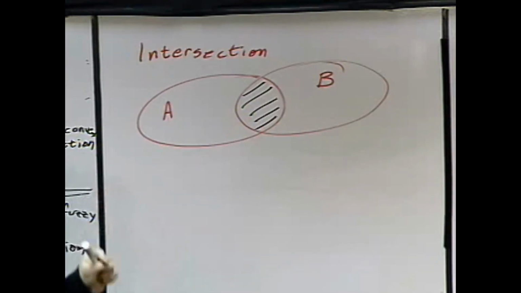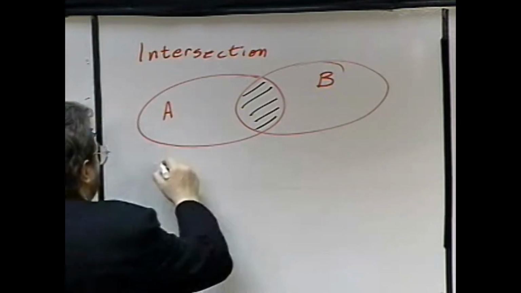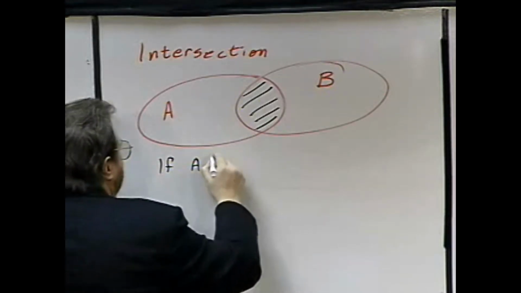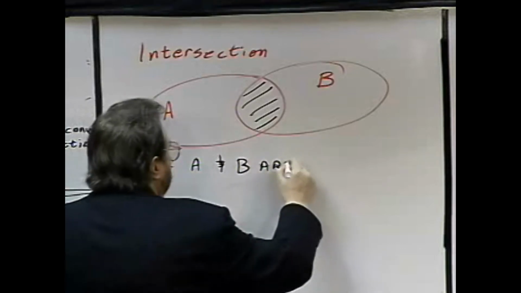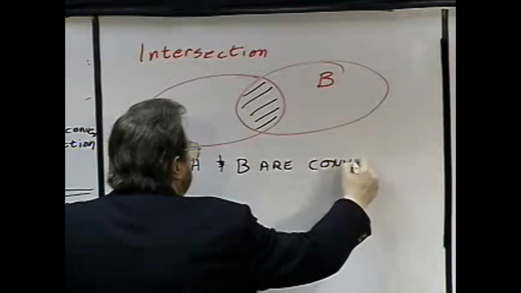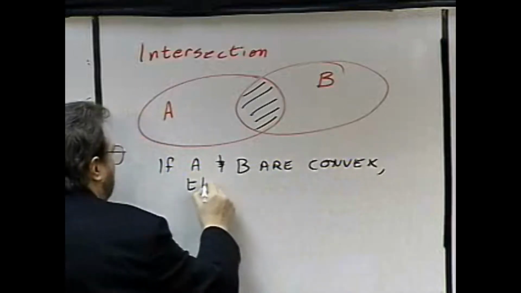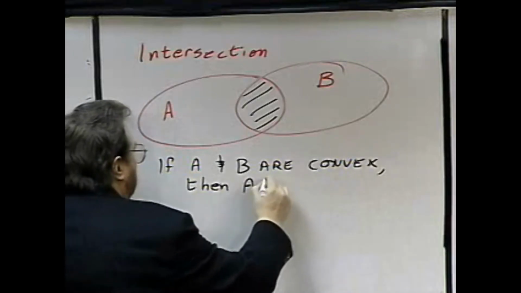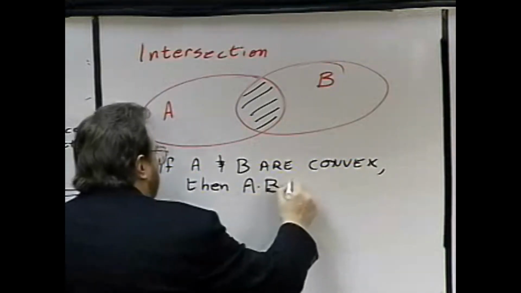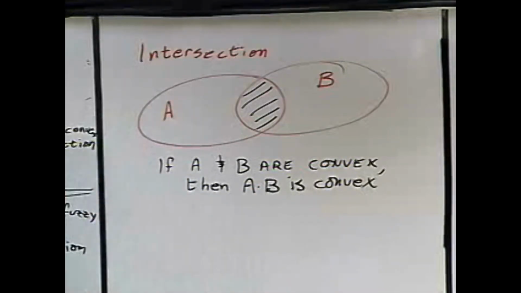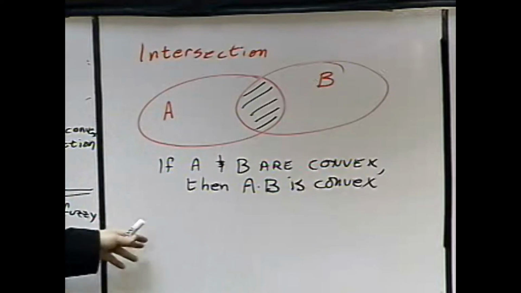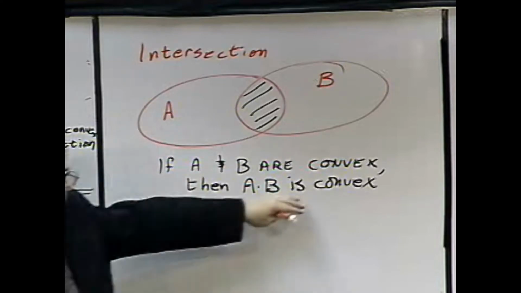Makes sense geometrically. So, if A is convex and B is convex, then A intersect B is convex. Does this make sense, at least from a geometrical point of view? And could you prove it if I ask you to?